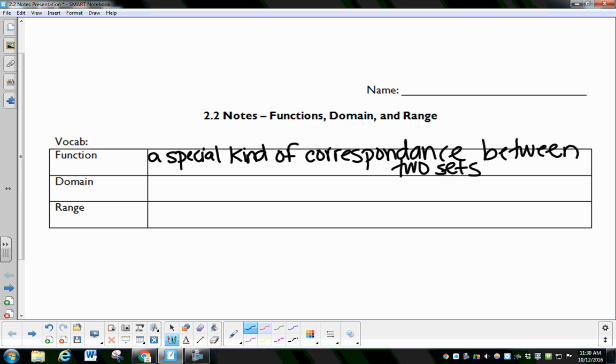So for now we're going to define domain and range kind of simply. We're going to think of the domain as the input, and the range as the output. If you have some room to draw, you can think of your function as sort of like a machine.